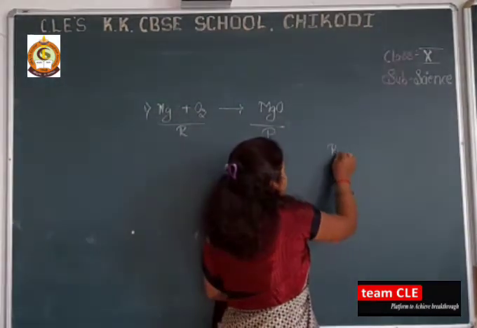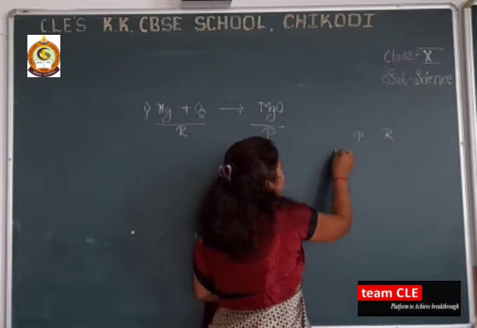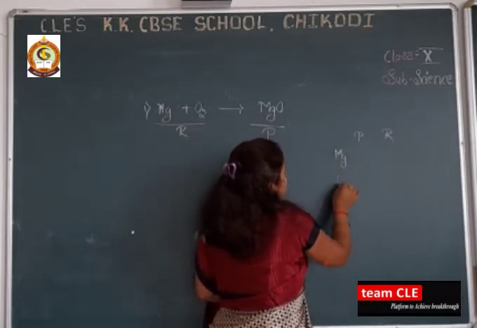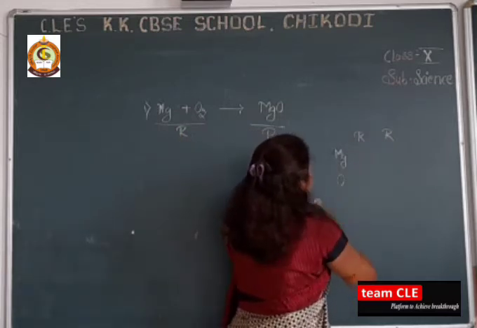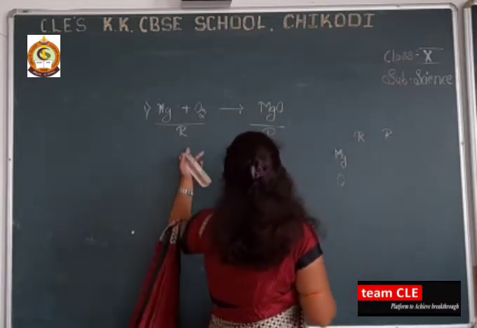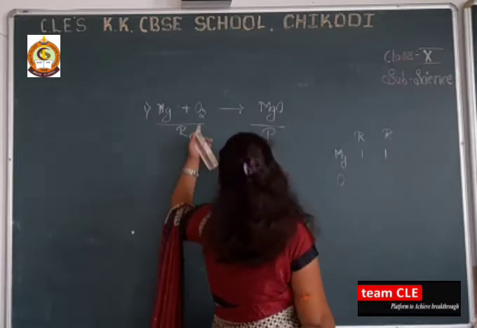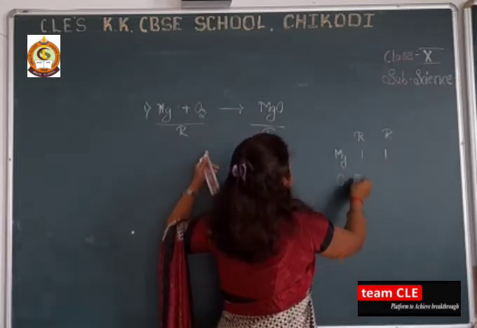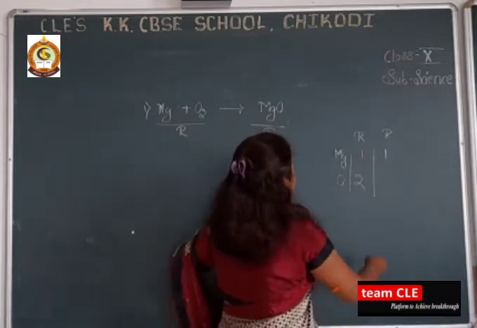Okay. So magnesium, oxygen. Here in the reactant, magnesium is 1, product is 1, oxygen is 2 and in the product the oxygen is only 1.